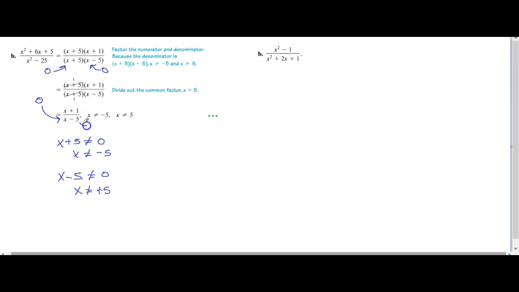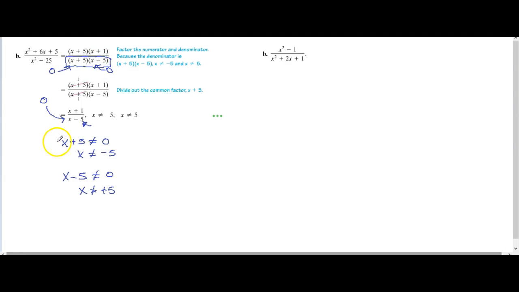So it's not only this denominator here that you have to worry about, but it's also the one right up here that we also have to look at. So make sure that you don't only go by the denominator in your final answer, but look back in your steps before you cancel.